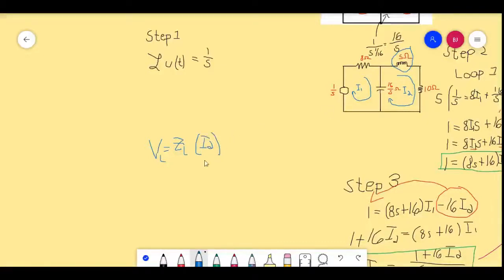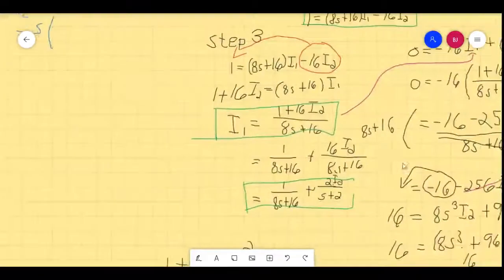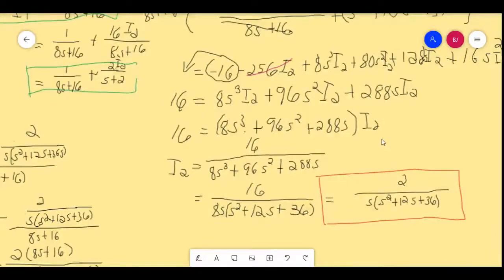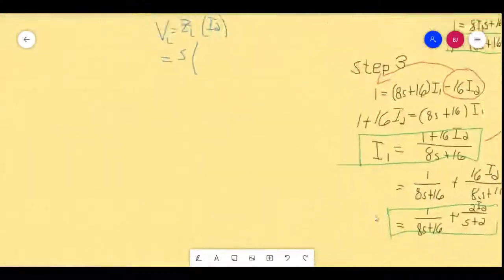So we just have to substitute. Let's say our ZL is already S, and we just multiply it with our I2, which is 2 over S squared plus 12s plus 36. So we just write down here.